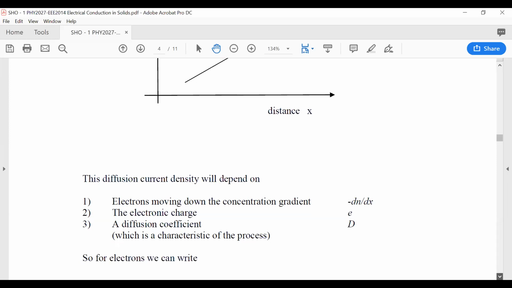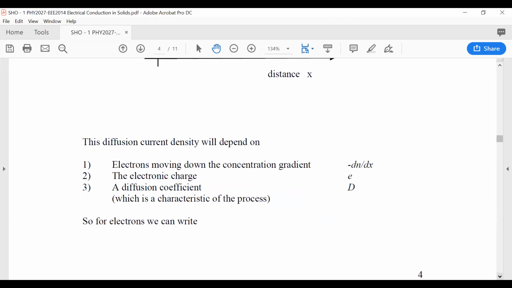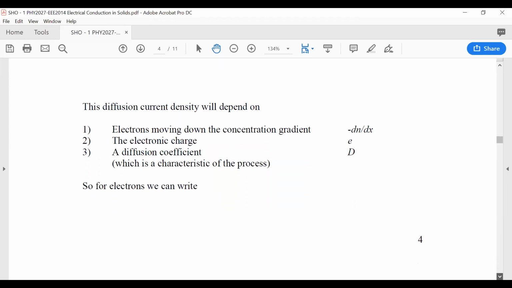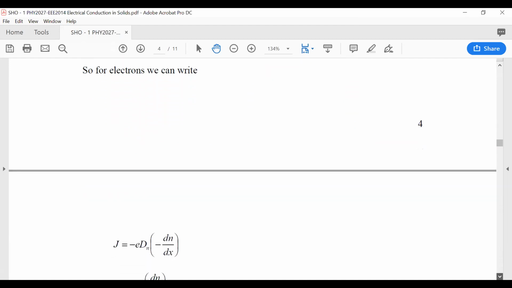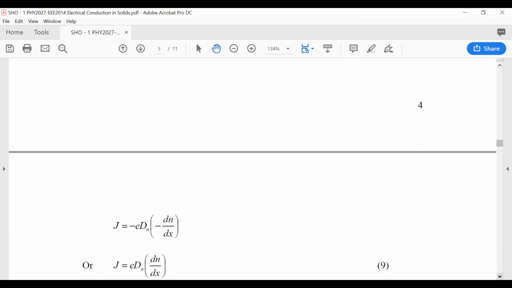And so we can then write for electrons, the current density, again given by J, is equal to minus e D times minus dn over dx. Or simplifying that by cancelling the negative signs, we write J equals e D dn over dx, and this is equation 9.